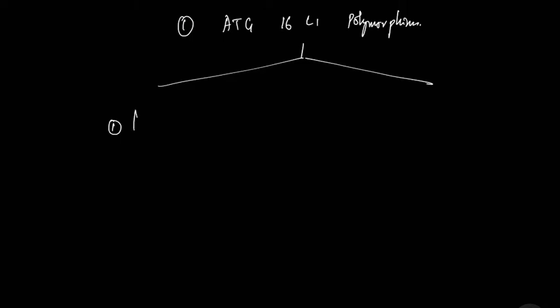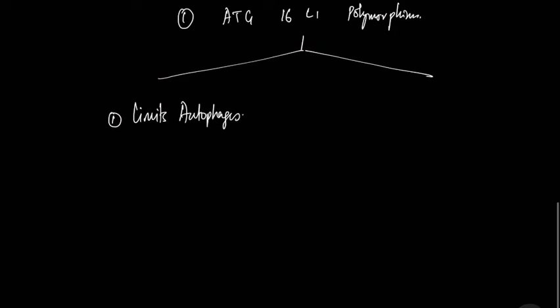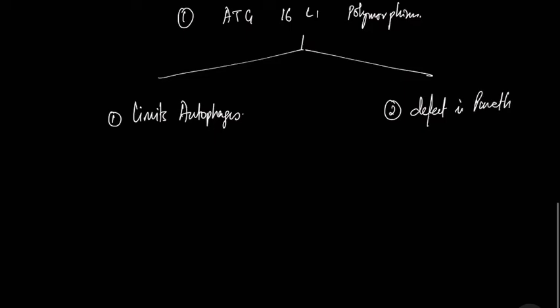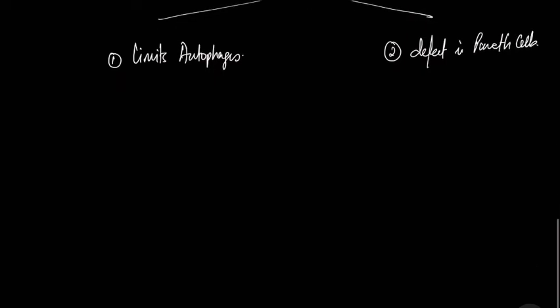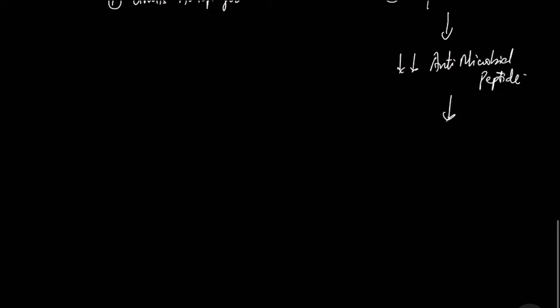One is that it limits autophagy, and second is a defect in Paneth cells. What does this lead to? This leads to a decrease in antimicrobial peptide, and this leads to inflammatory bowel disease.